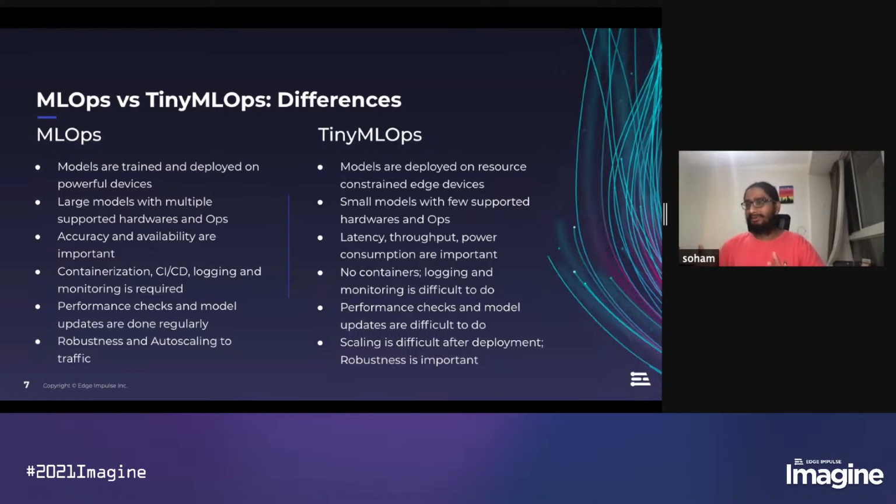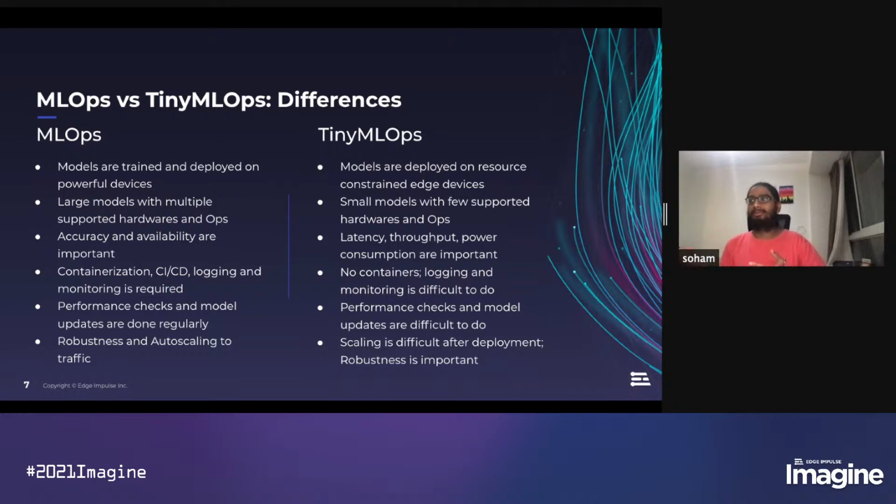I think the biggest difference is that when you're deploying a model for MLOps, you're deploying it on super powerful devices, which have a lot of memory and support for a lot of different compilers, instruction sets and ops.